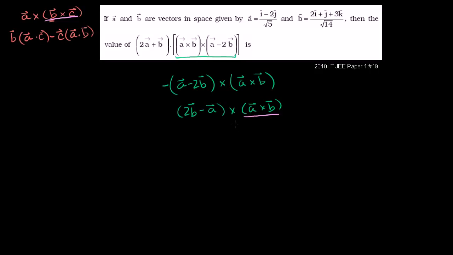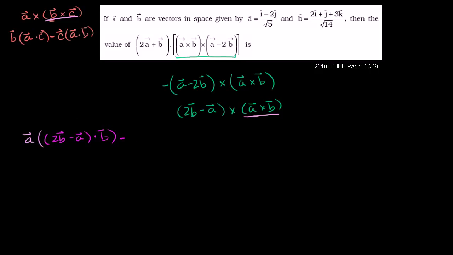You take the first vector in your second cross product, that's the vector A, and I multiply that times the dot product of this vector and that vector. So it's going to be 2B minus A dotted with B. And then from that, I'm going to subtract the second vector.